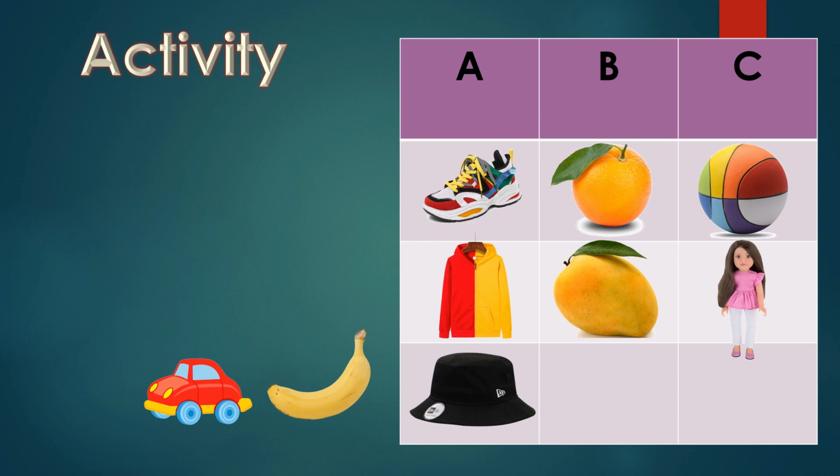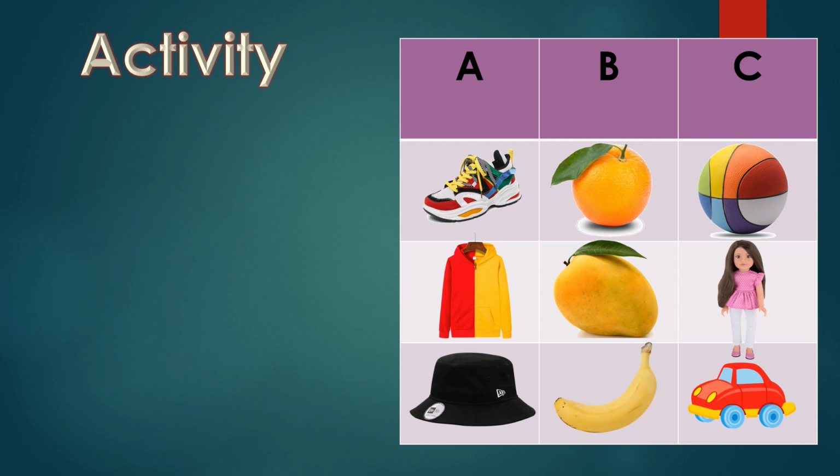This is the same reason why we will put the toy car under column C. Lastly, we put the banana under column B, and that's it. All of the objects are now grouped together. There are other groups that we can form, but for today's lesson, we will use these 3 groups.